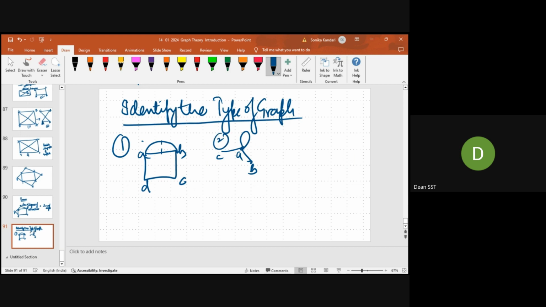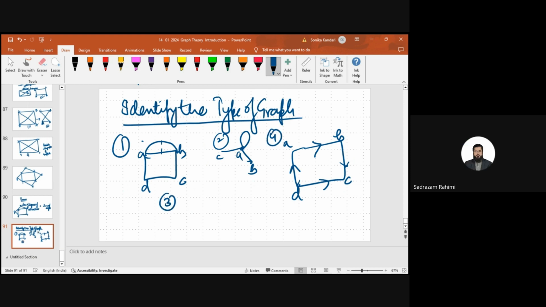And this is the graph which is having directional edges. You have to identify the types of graphs. Is it clear?